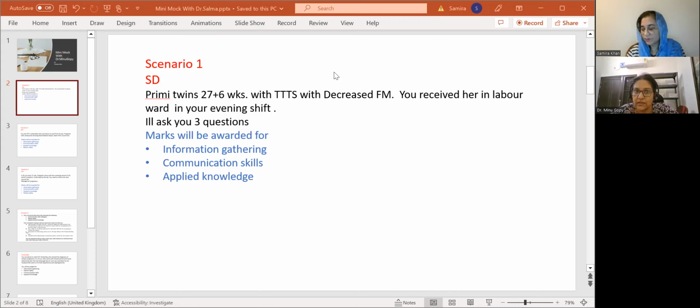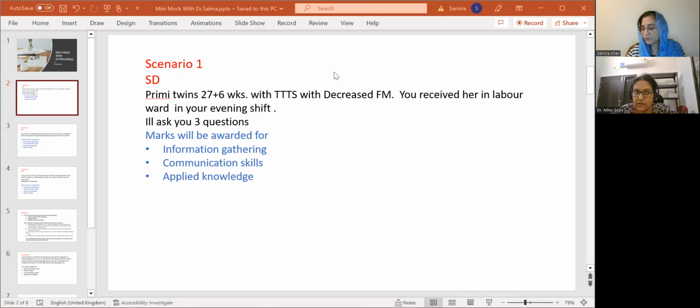And I will need to arrange her blood for group and save, and complete blood count. And also I would start her on antenatal steroids because we might need to deliver her soon, like betamethasone 12 milligram, 24 hours apart for two doses, or dexamethasone 6 milligram 12 hourly for 4 doses.